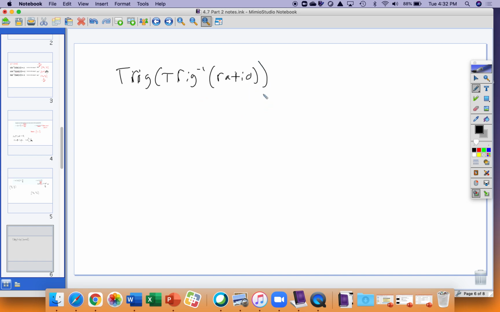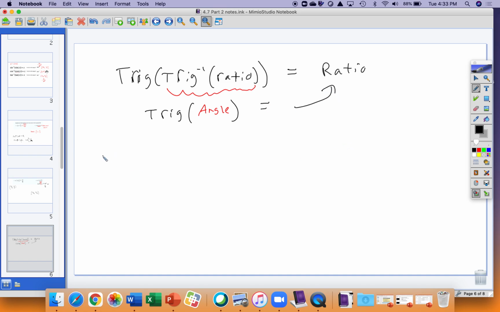All right, so this is going to equal a ratio. That's because what this represents is an angle. So it's asking for ultimately some trig value function of an angle equals a ratio.